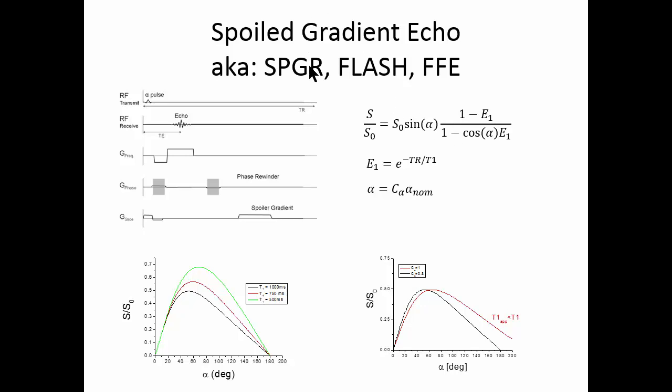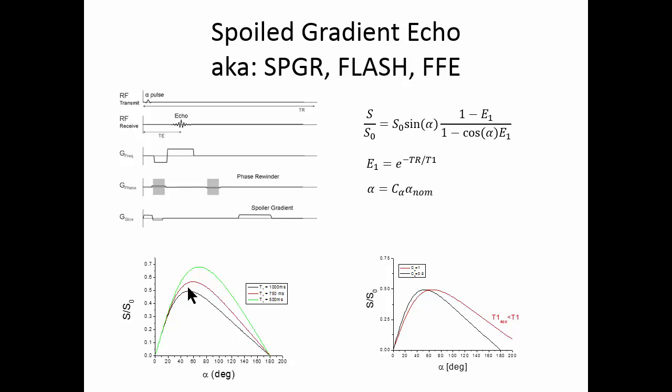This is a great sequence for T1 weighted imaging, but it also can be and is used to map T1. You basically have a T1 term over here, and this entire equation, this entire curve, is a function of 3 parameters: TR, alpha, and T1. It's a nice thing to have. It's relatively easy to fit.